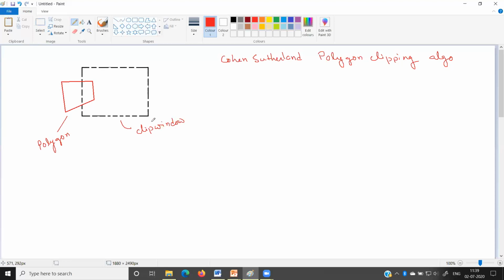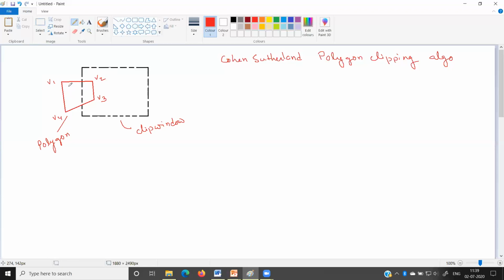Now to apply the Cohen-Sutherland polygon clipping algorithm, we have to name the vertices in clockwise direction. So let us say this is the vertex V1, this is the vertex V2, vertex V3 and V4.